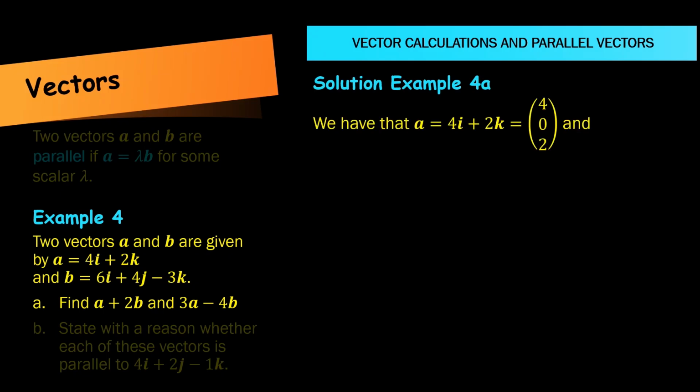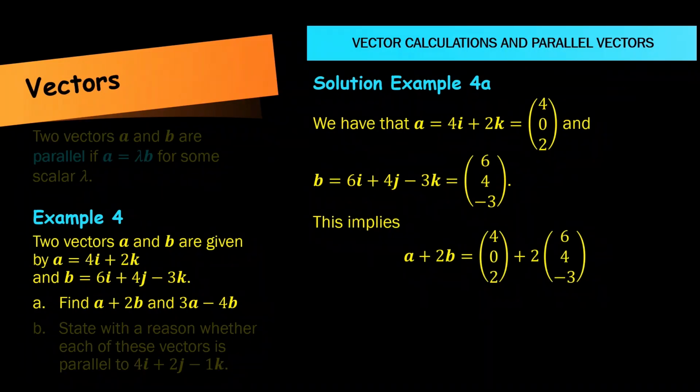Vertically, we can write a as (4, 0, 2) and b as (6, 4, -3). This implies that a + 2b can be written like this.